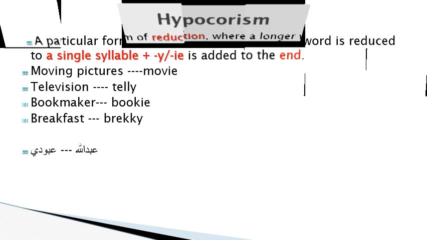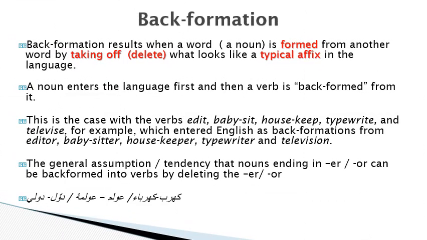Back formation. Back formation means that you have a noun ending in er, or, ar, and you cut, delete, or take off these er, ar, or, and change the word from a noun into a verb. Back formation results when a word is formed from another word by deleting a typical suffix in the language.